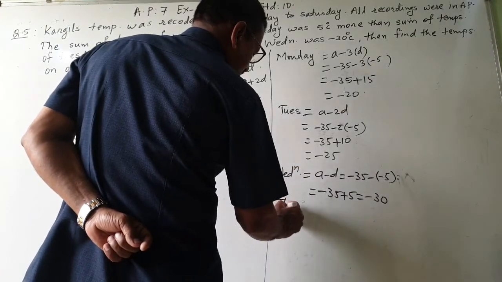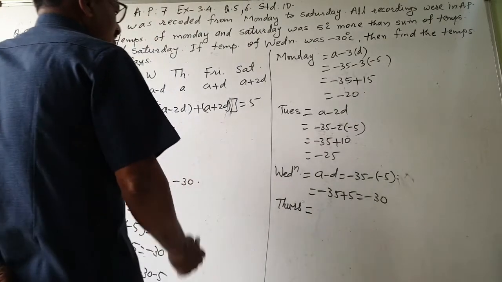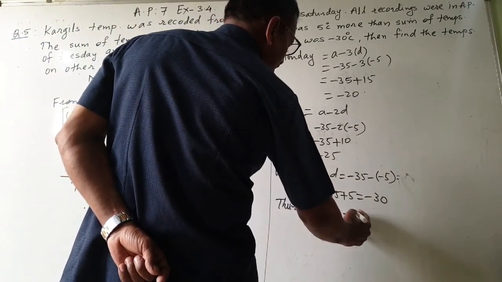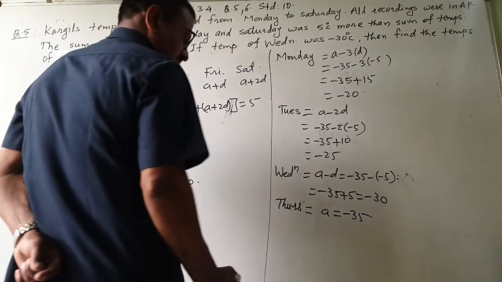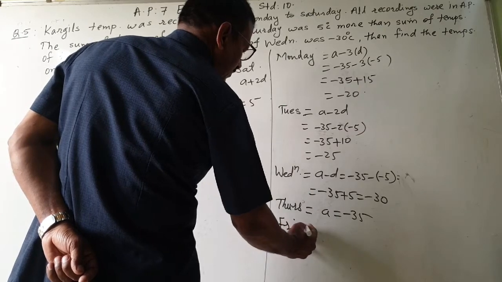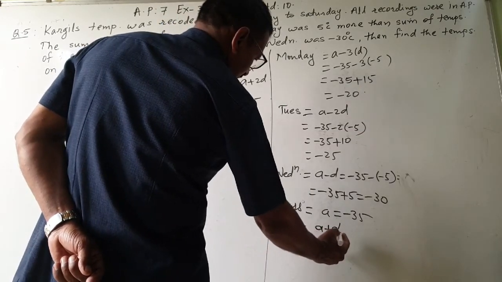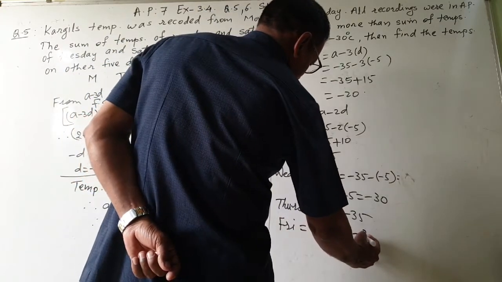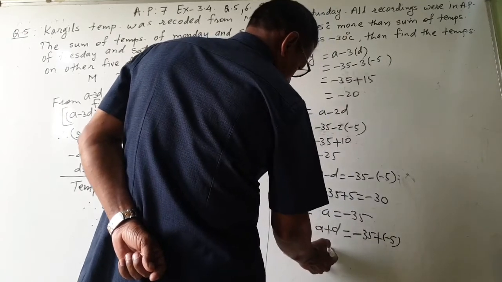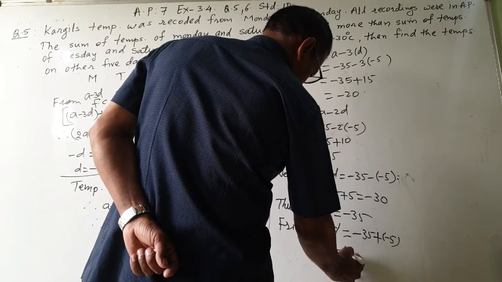Now Thursday. What is that temperature on Thursday? A, what is the value of A? Minus 35. So now Friday. Friday is equal to A plus D. That is equal to minus 35 plus minus 5, so this will be minus 40.